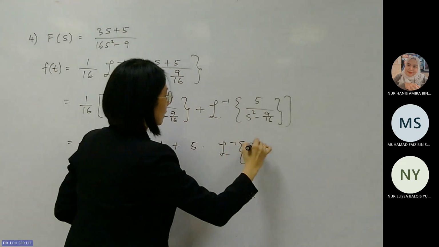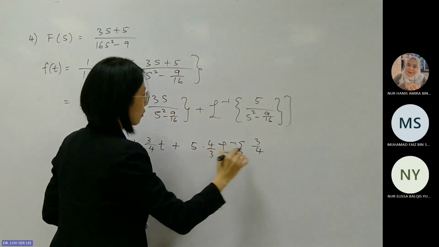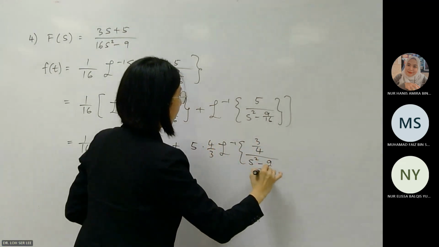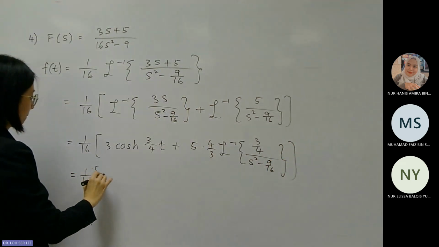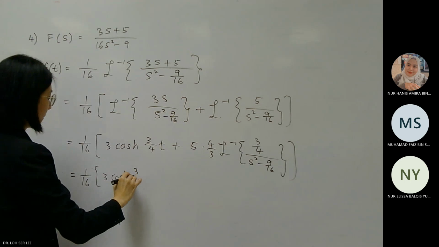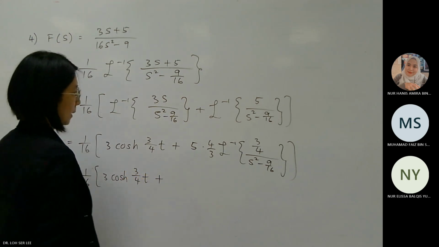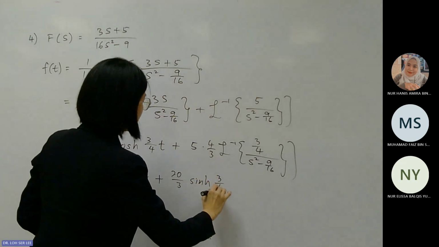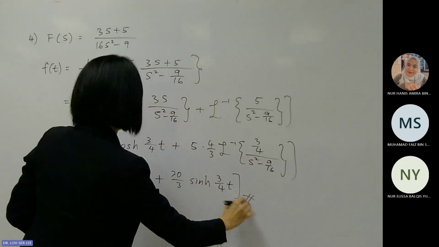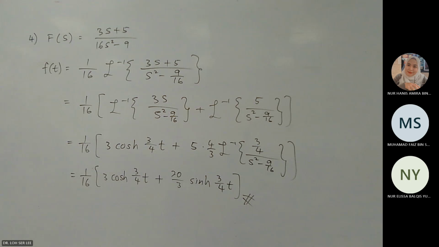We want a 3/4, meaning that here we have 4/3. Okay, 20/3 hyper sine 3/4t. Any questions? Is it simple?